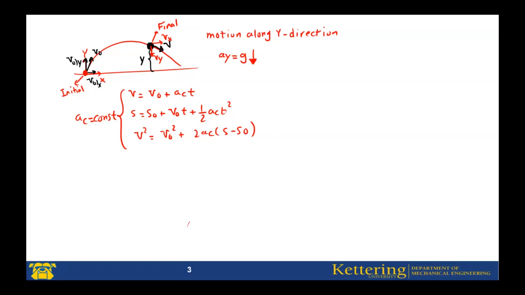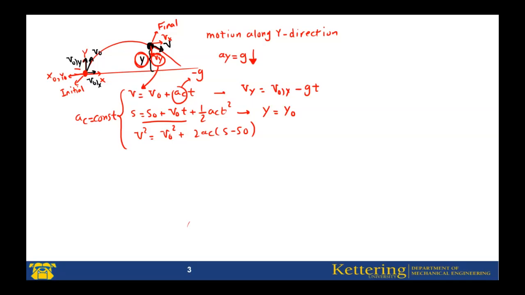Now, I can find this velocity using this equation: Vy equals initial velocity v0y, plus, instead of this acceleration, I put minus g, multiplied by time. If I want to find this height, I will use this equation: y equals y0, where y0 is the initial position of this point.